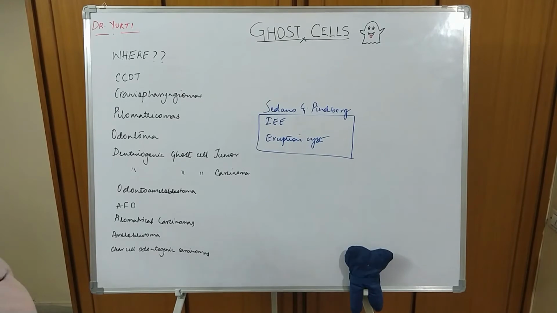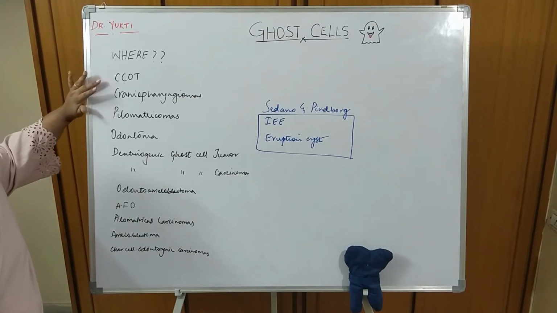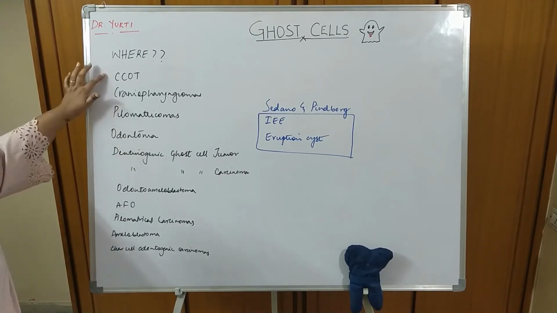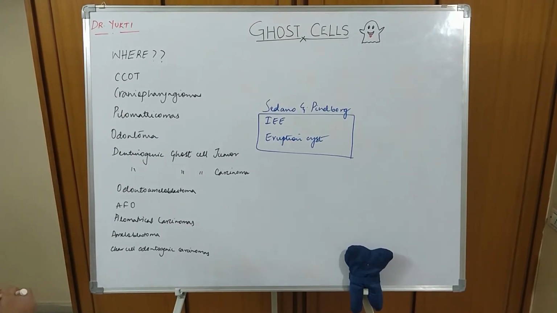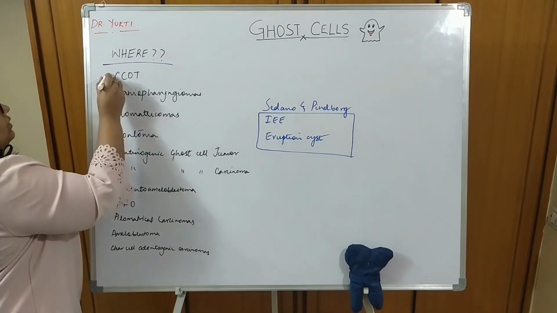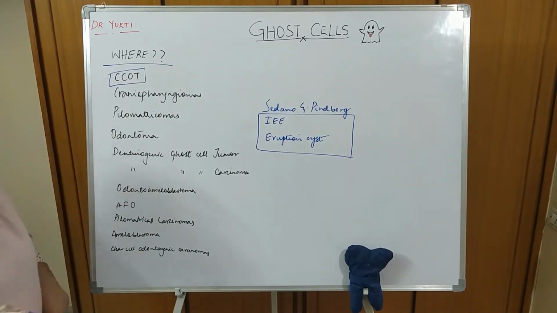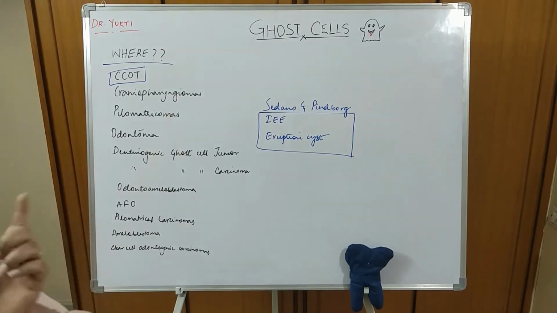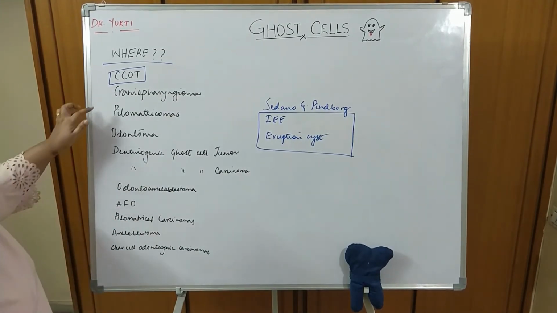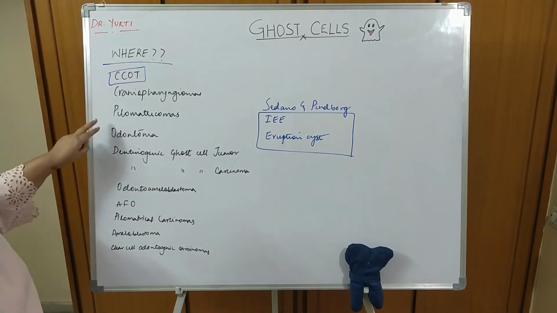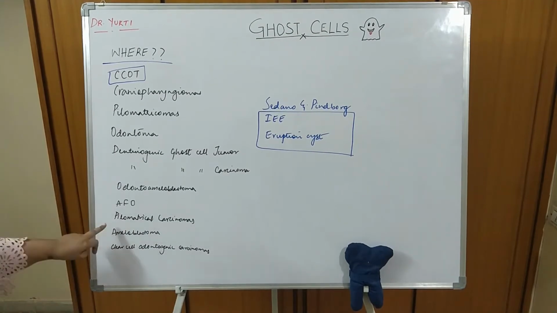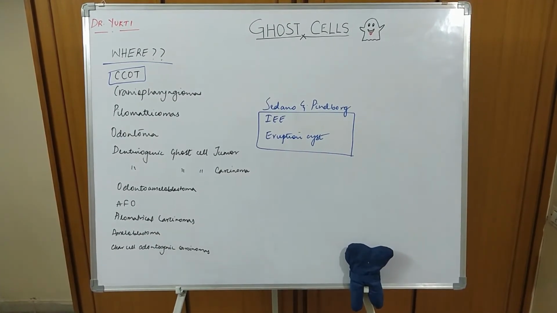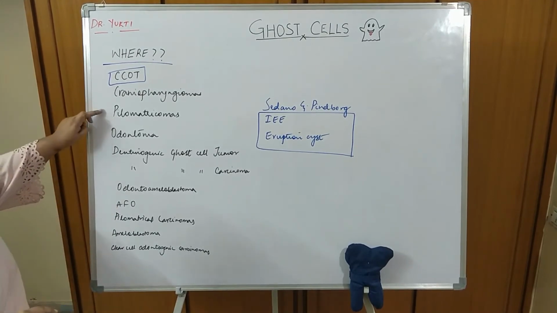Ghost cells are generally seen in CCOT, calcifying cystic odontogenic tumor. I have put it here first because it is the most important odontogenic tumor that should come to your mind when the word ghost cell is said. Next is craniopharyngiomas, pilomatricomas and pilomatrical carcinomas, which are related to hair.